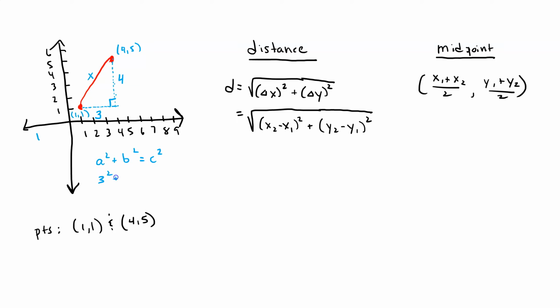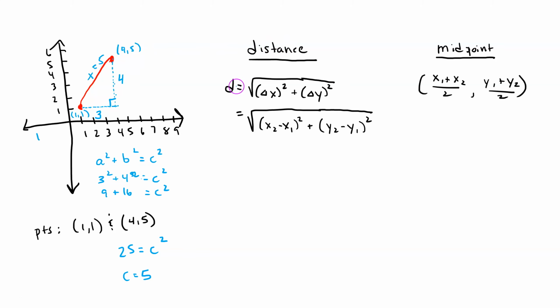So we can do 3 squared plus 4 squared equals c squared. This is 9 plus 16 equals c squared, which is 25 equals c squared, or c equals 5. And c is our hypotenuse, and in this case I labeled my hypotenuse x, so x equals 5. And that's the distance between the 2 points.